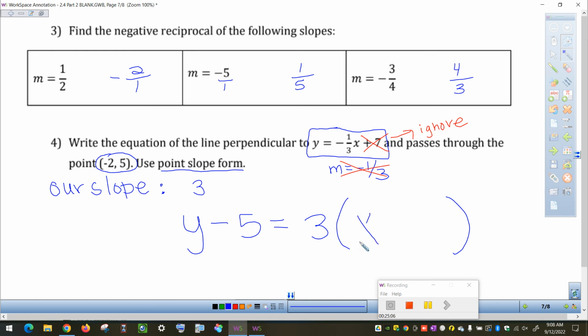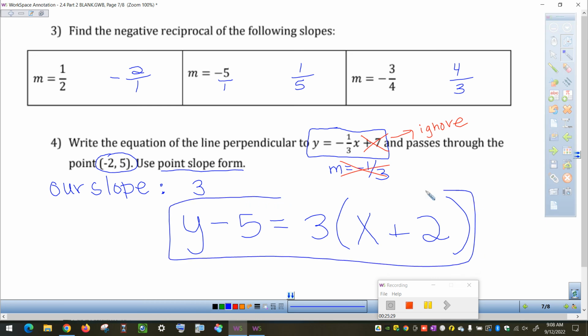In our parentheses, we're going to do x minus the x value of the point that it's passing through. So really, it looks like x minus -2, but that's really the same thing as x plus 2. So let's just go ahead and turn it into a plus sign. All right, and that would be our final answer here. We don't need to go any further. We wrote it in point slope form. That was the form that our answer needed to be in.